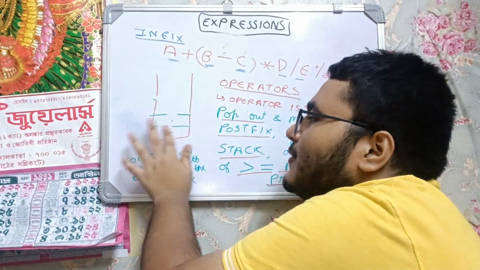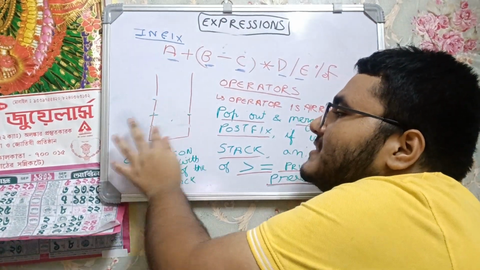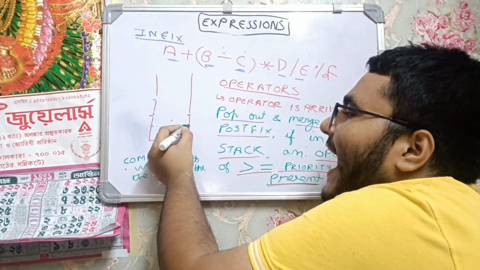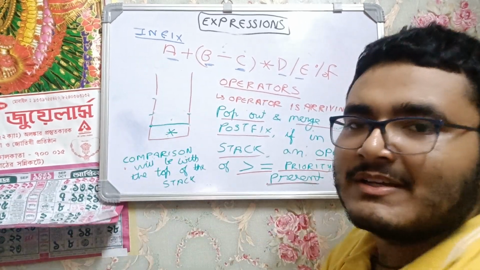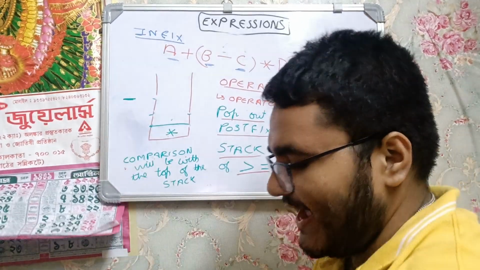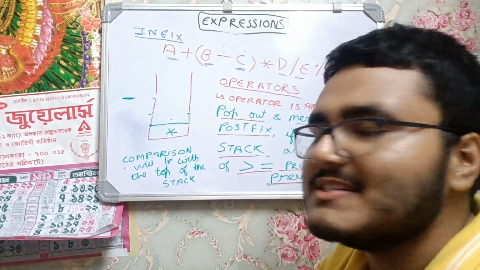Say suppose in the stack already an asterisk is present, and minus is approaching the stack.